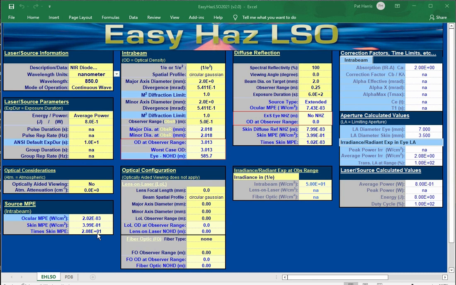And you'll notice that it's in the same range as when we're looking at a visible laser, but you can see that the skin MPE is much more restrictive for this near IR wavelength than it is for the visible, and that's what causes this, even though we're running a much lower power than if we were looking at that frequency doubled vanadate at 10 watts, which was about 33 times the skin MPE.